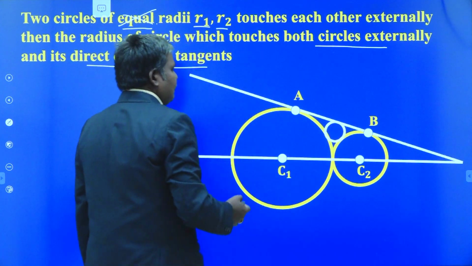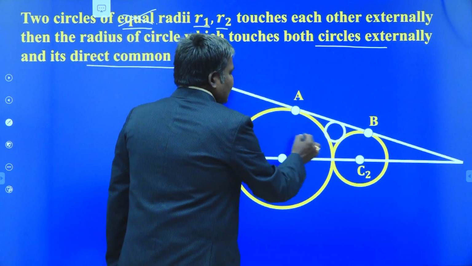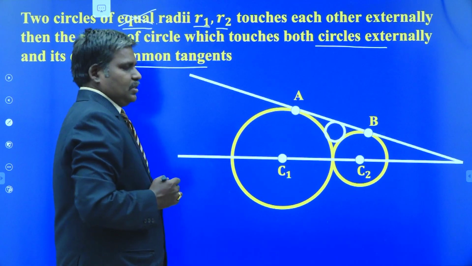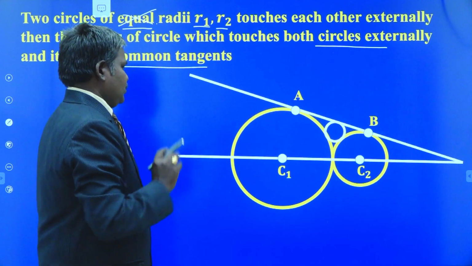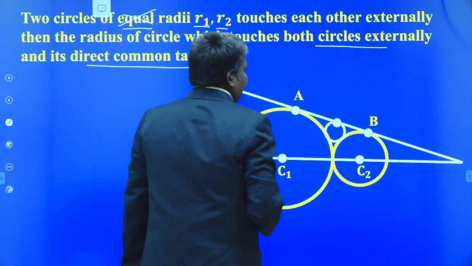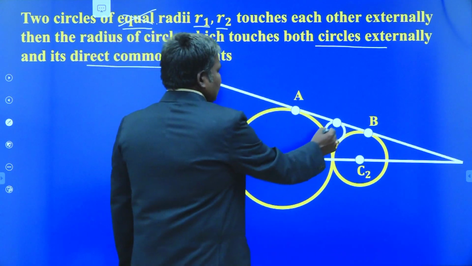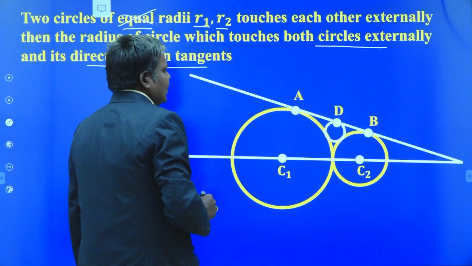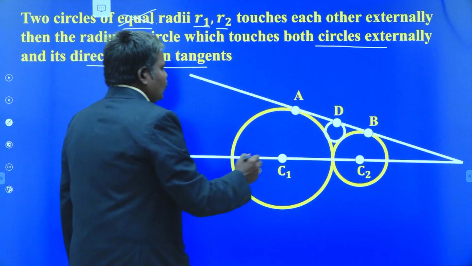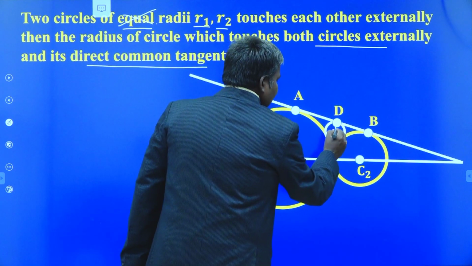This circle touches both the circles externally and also touches this direct common tangent. See here, this is the point of contact of the direct common tangent to this small circle, say D.